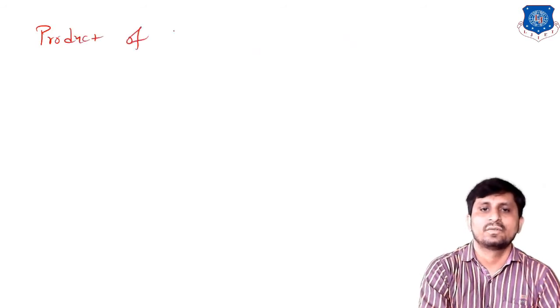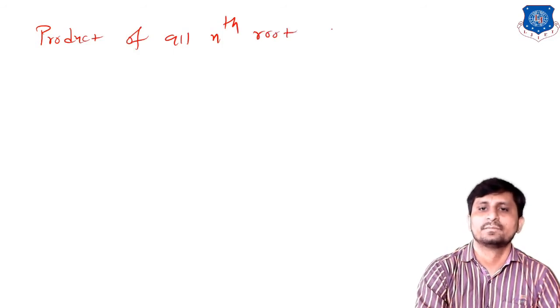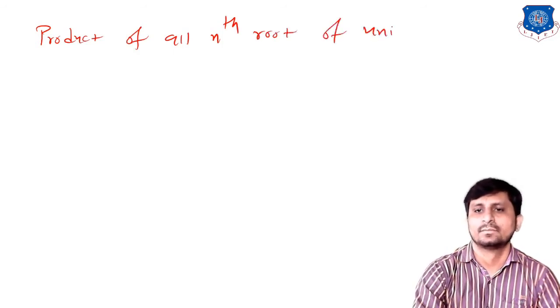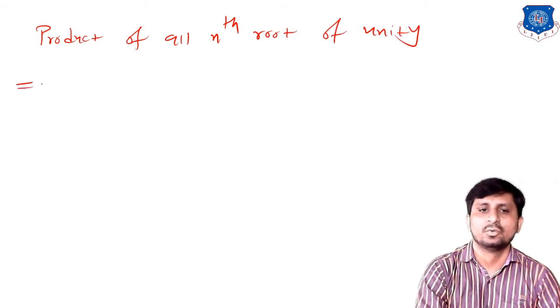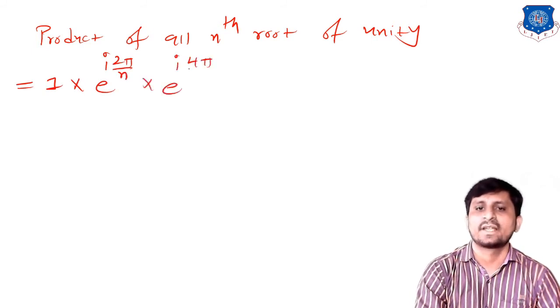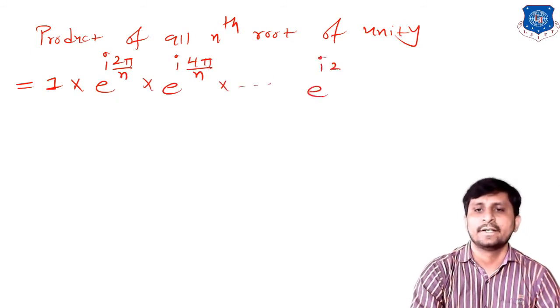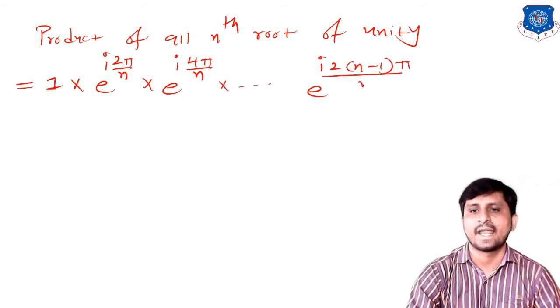the product of all nth roots of unity is equal to 1 into e raised to i 2π/n into e raised to i 4π/n up to e raised to i 2(n-1)π/n.